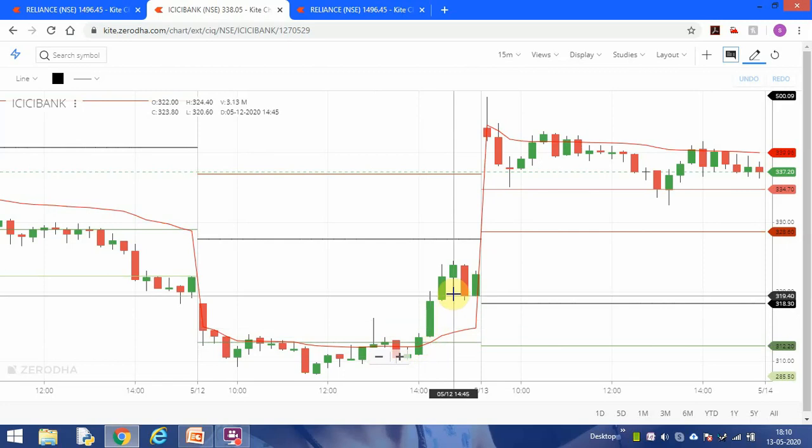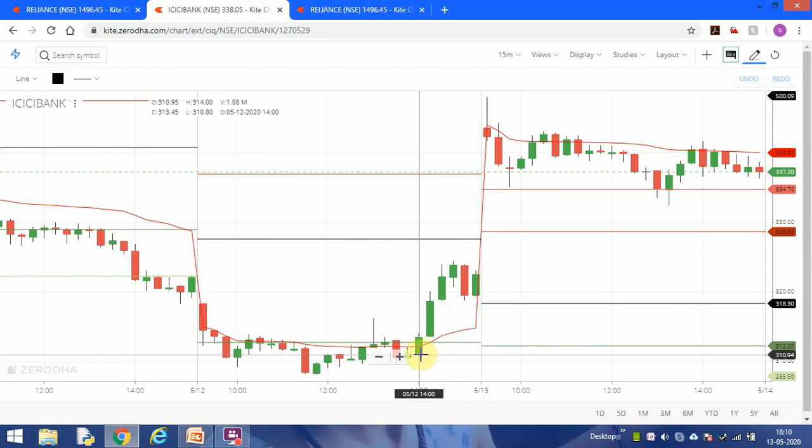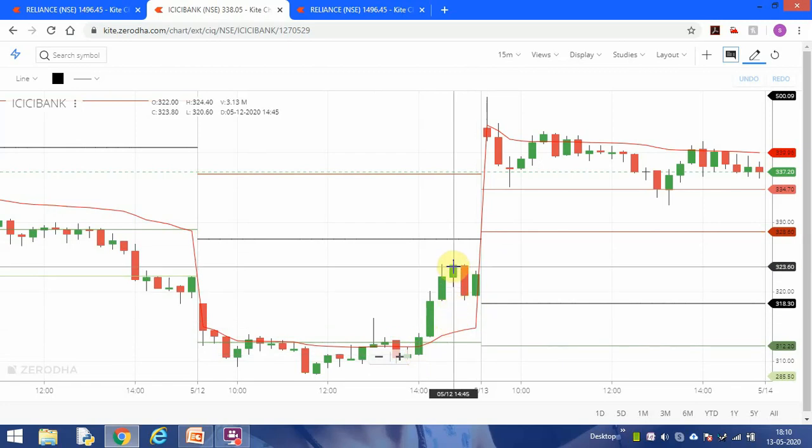Then it has crossed the pivot, so you can get from this price 310 rupees to 323. So you can get 13 rupees profit.